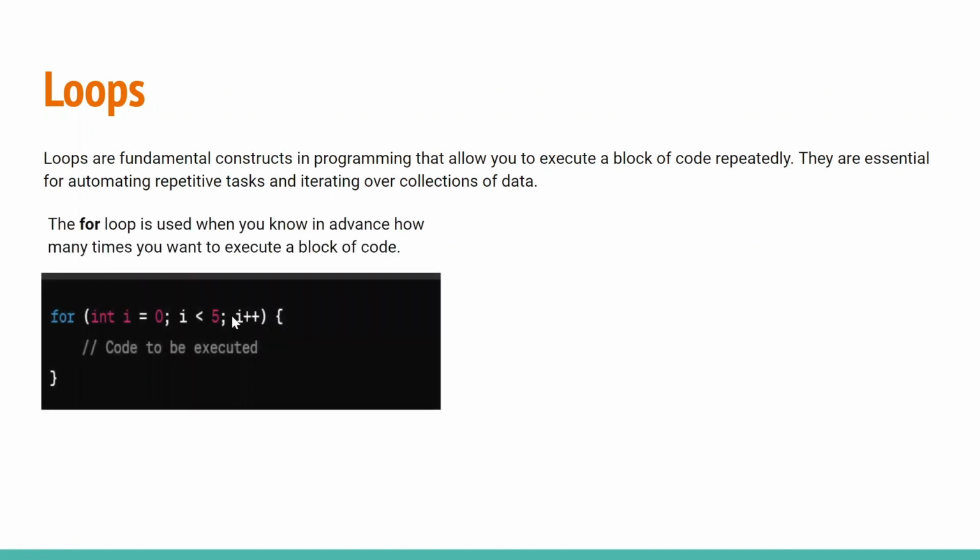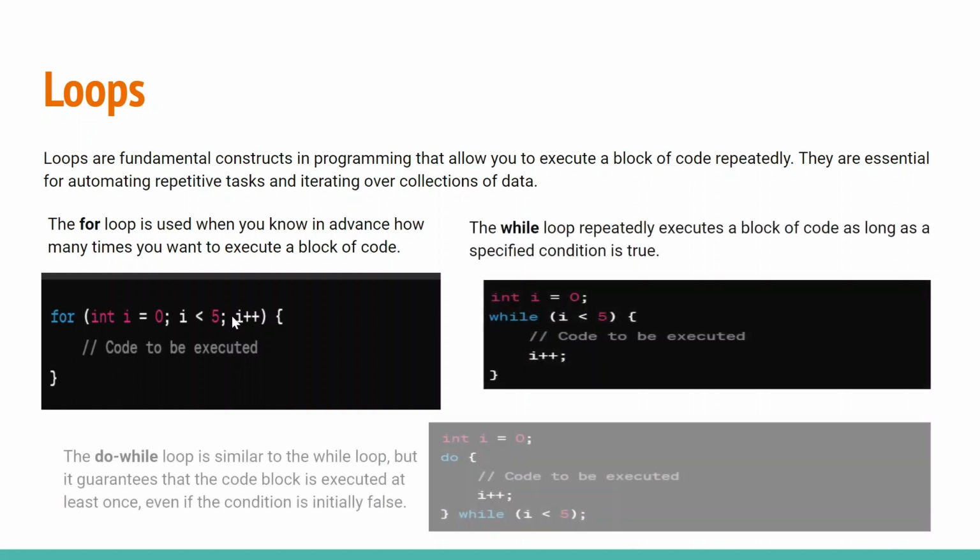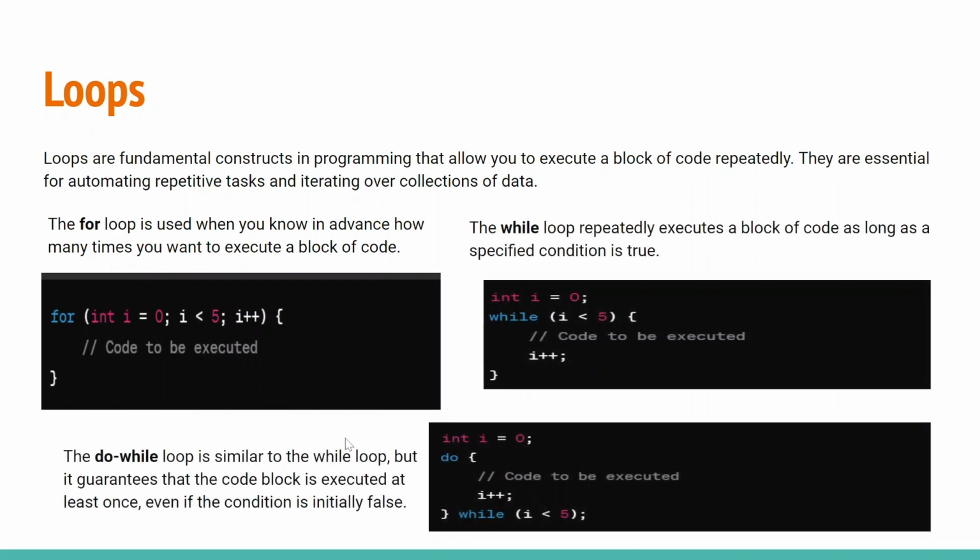Broadly, there are three loops: for loop, while loop, and do while loop. Here in the for loop, we are doing three things in this line. One is initialization, initializing the variable i, then condition, we are checking the variable, and we are incrementing it. Here in the while loop, we are initializing outside, we are checking the condition, we are incrementing it.